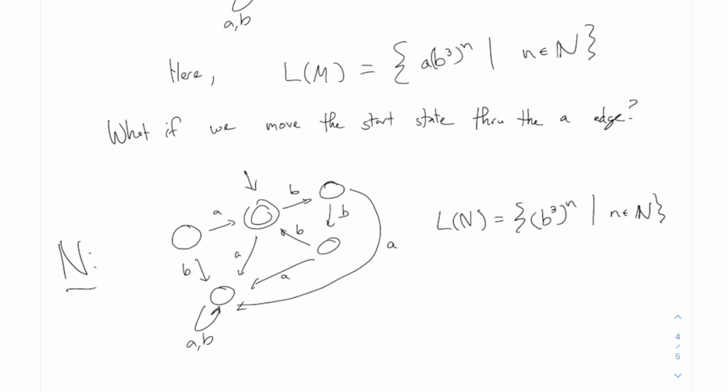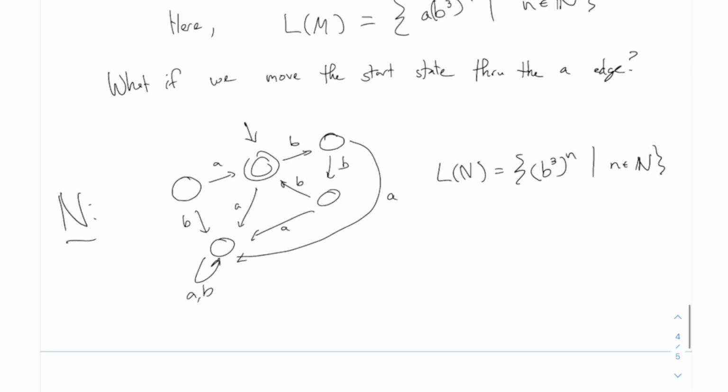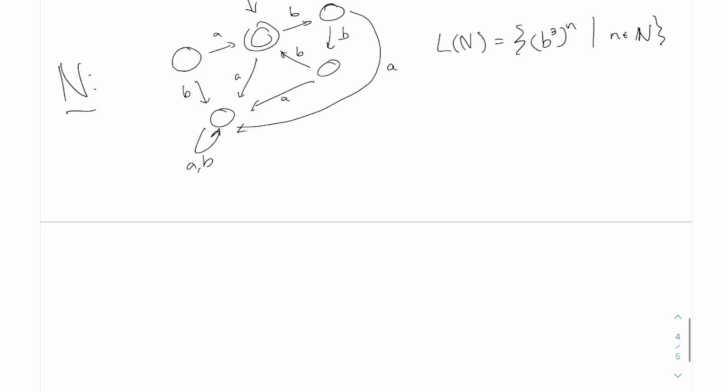Do you have a question? Did I mess it up? No. This has the effect of deleting A from the beginning of every string in the language. I'm going to write that.